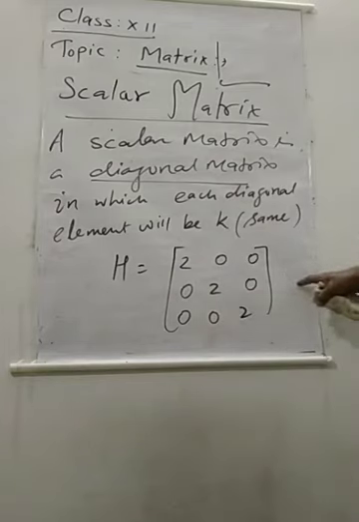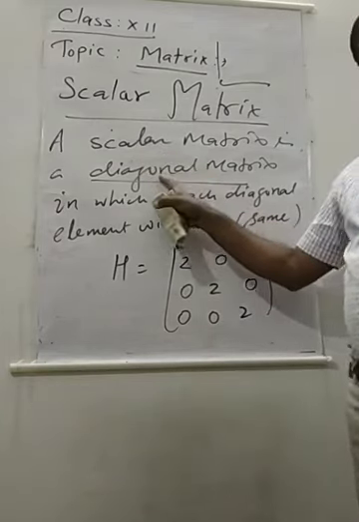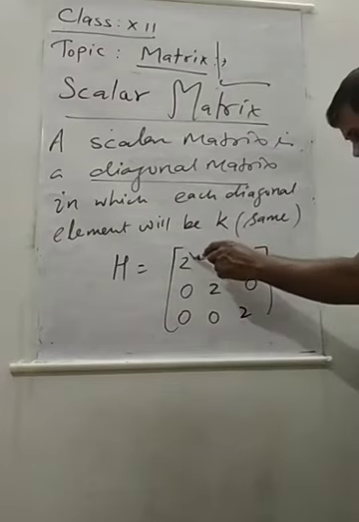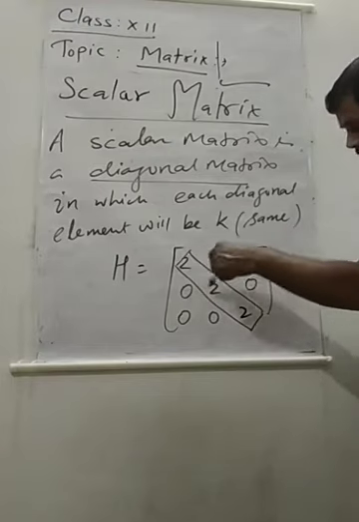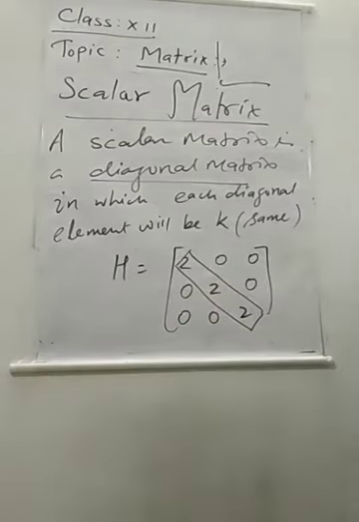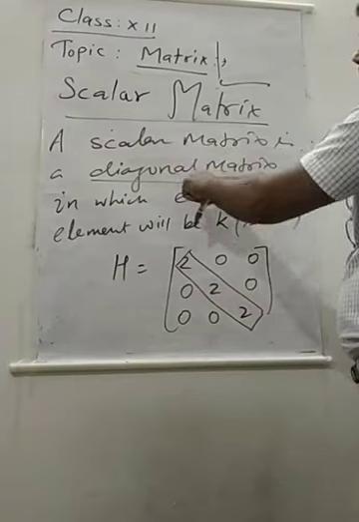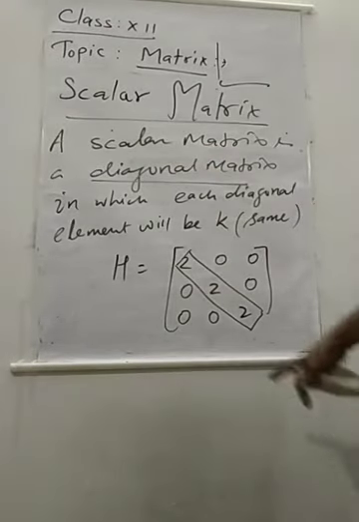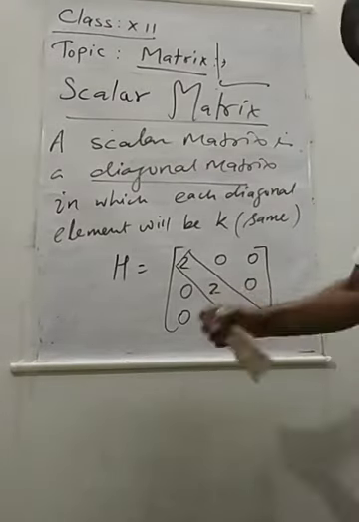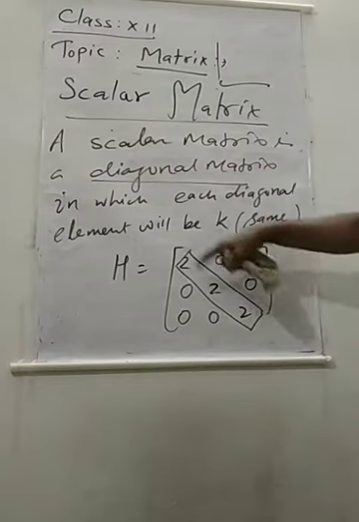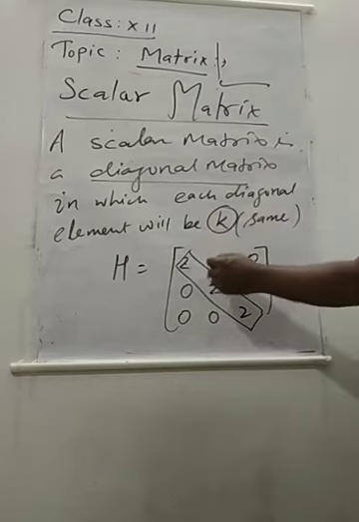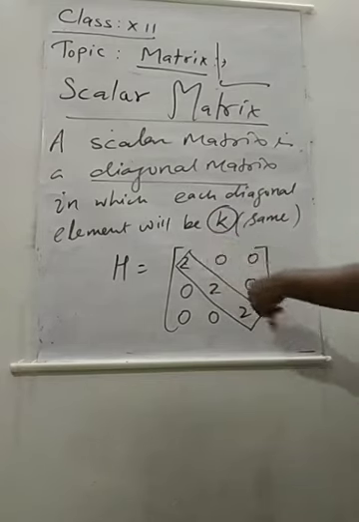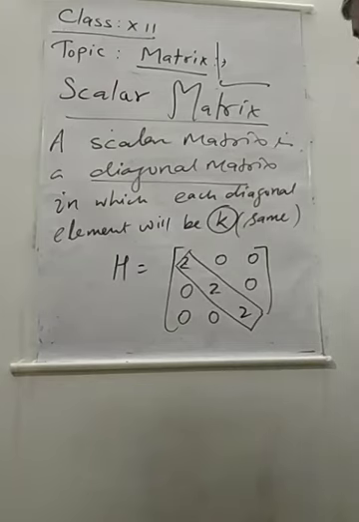What difference do you obtain in scalar and diagonal? Children, the diagonal elements will be the same in a scalar matrix and all other non-diagonals will be 0, because every scalar matrix is a diagonal matrix. Are we clear? In this place you can put any particular number, it must have the same value, whatever it is. That's why I have said K. Any constant, any number can be placed in the place of diagonal. That is called scalar matrix.